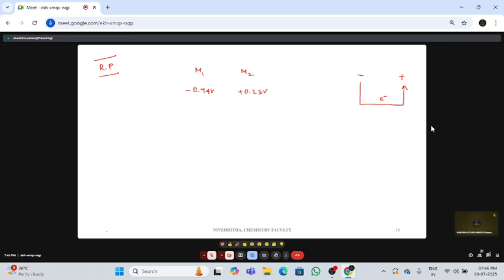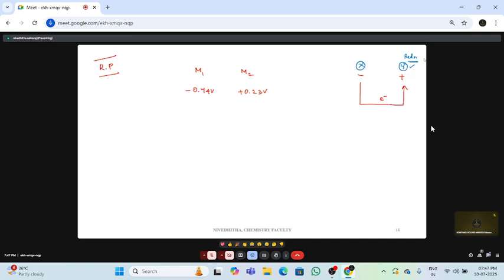So let us say this is metal X, and this is metal Y. Electrons are moving from X to Y. So basically the metal Y is gaining electrons. If a metal gains electrons, that process is called reduction, right? So how is metal Y getting reduced? Who is losing its electron?